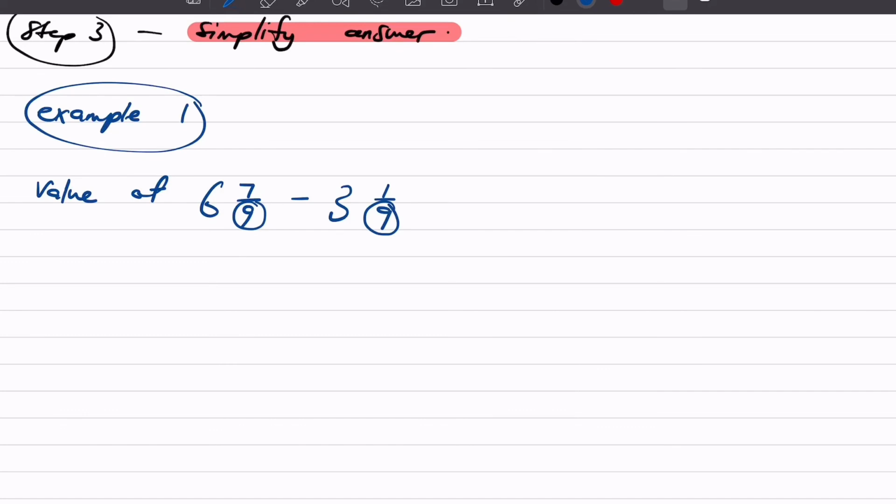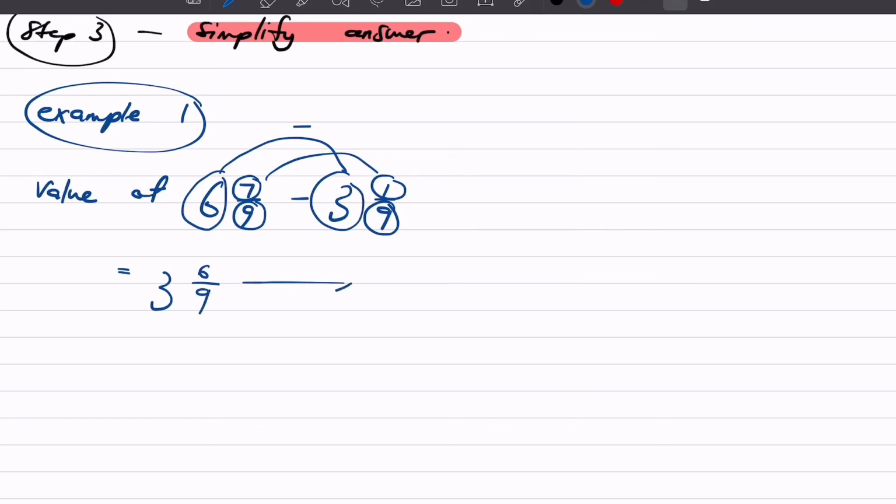You have to subtract the whole numbers first. 6 minus 3 I'll be getting as 3. Then I take the numerators and subtract. 7 minus 1 is 6. The denominator I maintain. From here I can simplify. I divide this by 3, I divide this by 3. So it's going to be 3 and 2 over 3. This is my final answer.